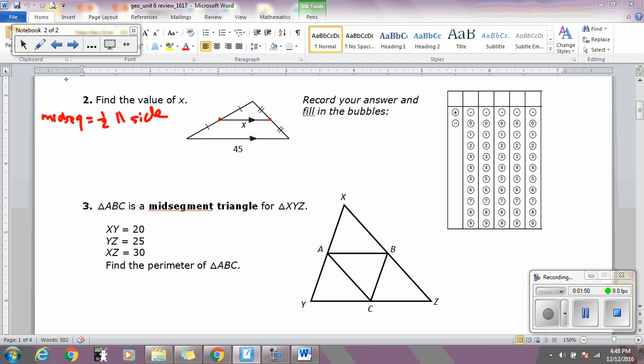So in this picture, that means x is equal to 1/2 of 45. So that means x is going to equal, what is that, 22.5?